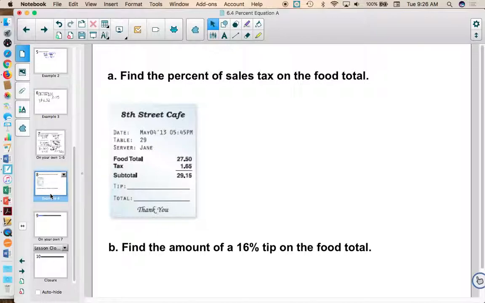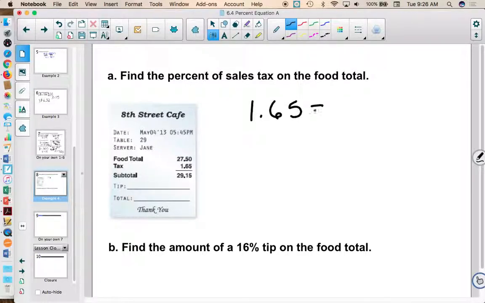In this particular case, this person has gone out to eat. Find the percent of sales tax that was on the food. So look at what they gave us. $1.65 is what percent of what was the total of the food? 29.15.